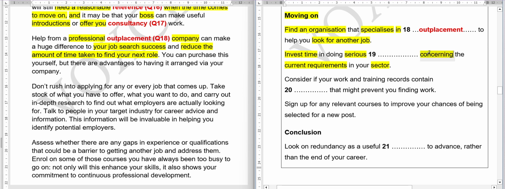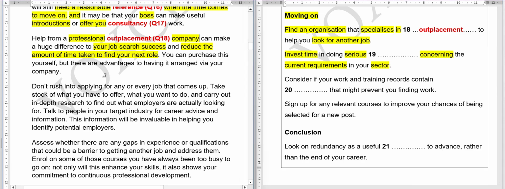Concerning basically regarding the current requirements, so obviously you will be searching seriously what the current requirements in my sector are, so that if I lack in any of these particular aspects, I can prepare for that, get some help or do some particular course to get me up to date.